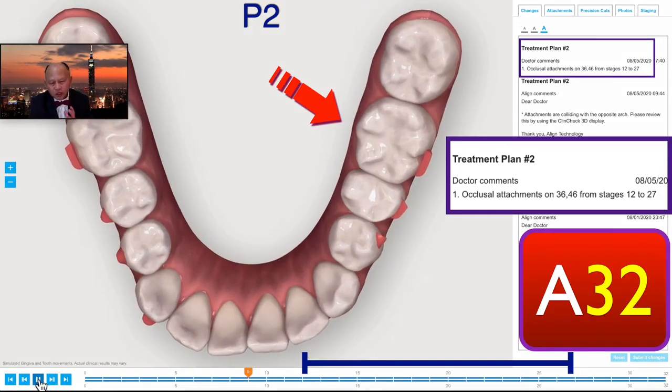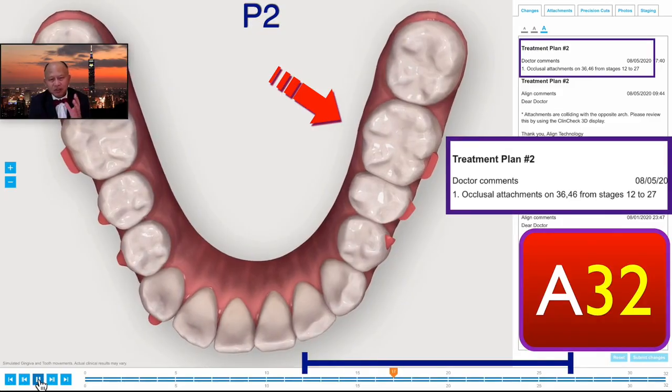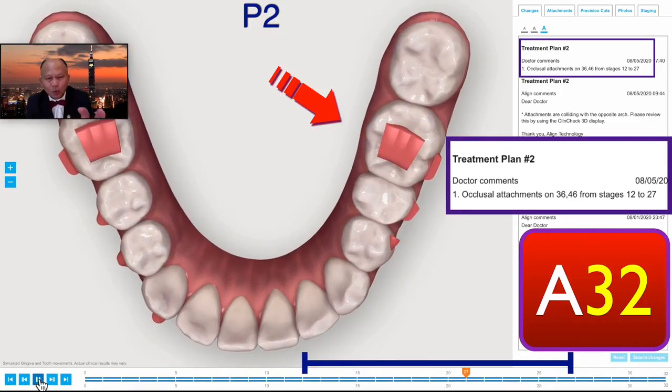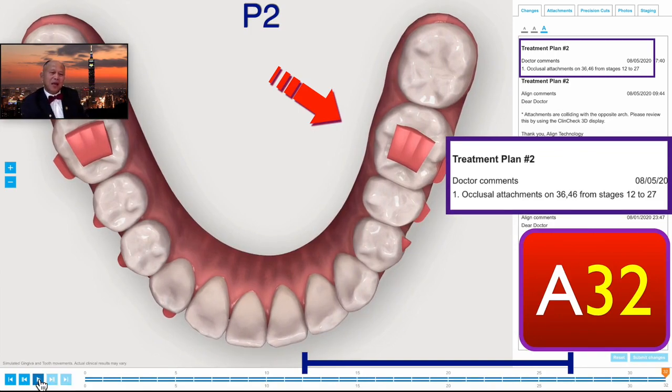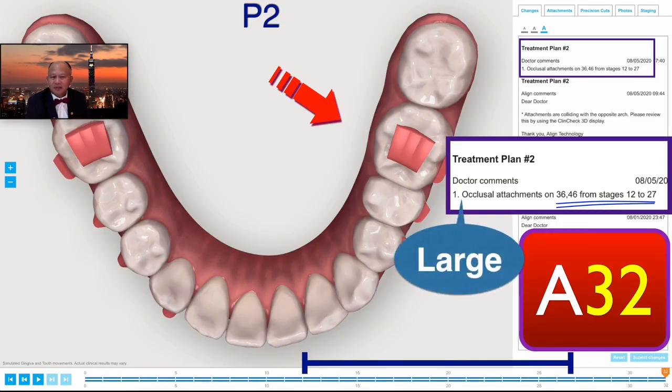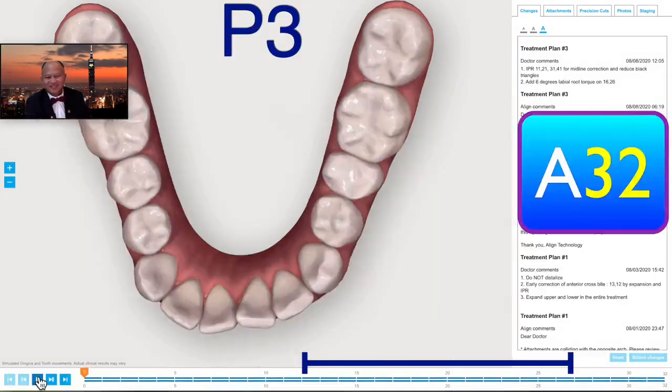So when you look at the occlusal surface, you'll be able to see that we have the occlusal bite turbo right here. But I want it precisely from stage 12 to stage 27. And maybe you can say a large occlusal attachment will be more precise. You want it a little bit bigger.